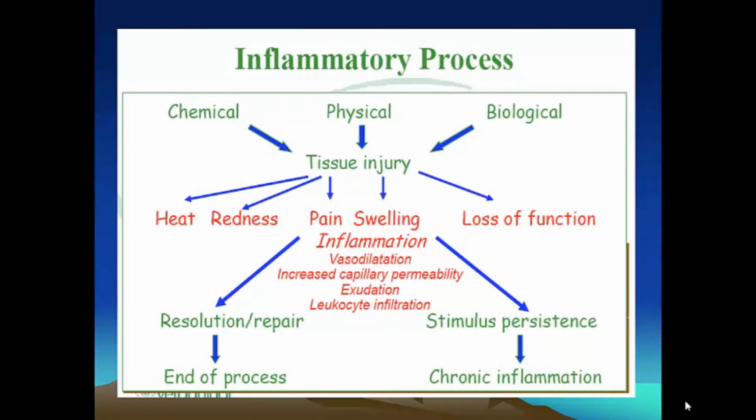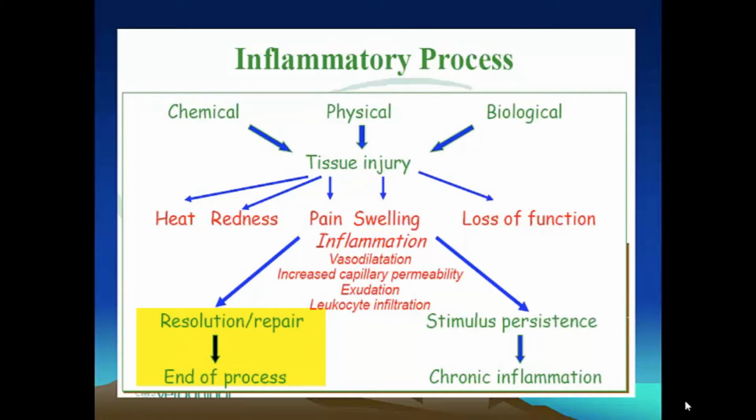And these are basically a reflection of the changes that are taking place in the local blood vessels, as they're written here. And the purpose of this inflammatory process is basically to allow the body to defend itself from any invading organism, and to promote the repair of injured tissues.